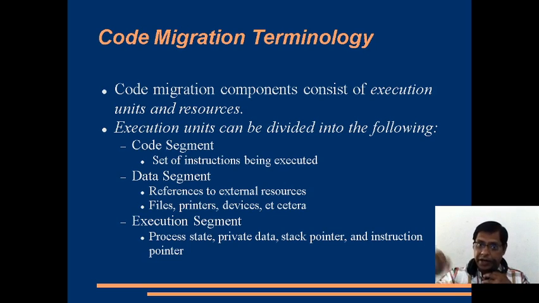The data segment holds the information to be used by the code, with references to external resources such as files, printers, devices, etc. The execution segment has the process state, private data, stack pointer, and instruction pointer.